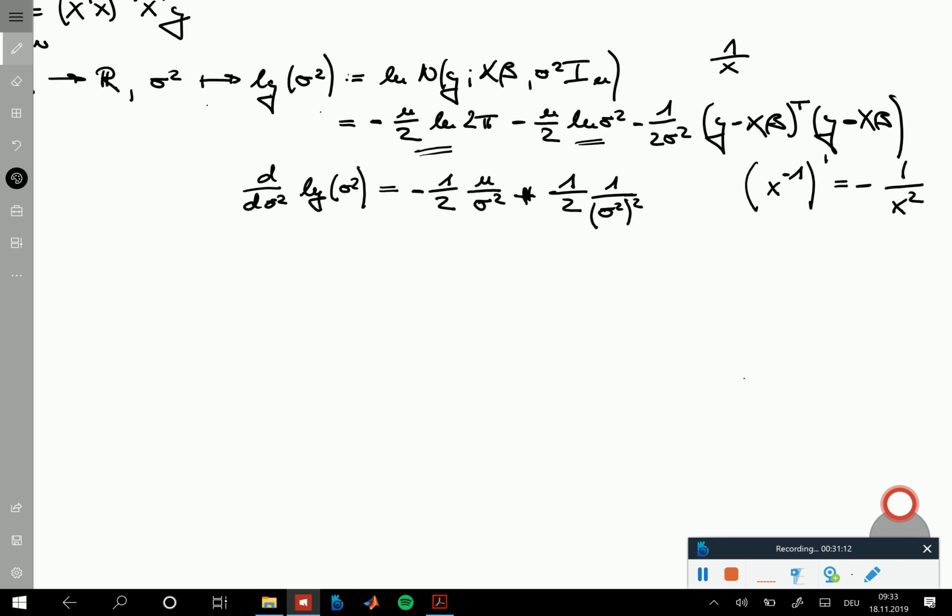That's just how it is. And then of course here you still have y minus x beta transposed, y minus x beta as the factor.